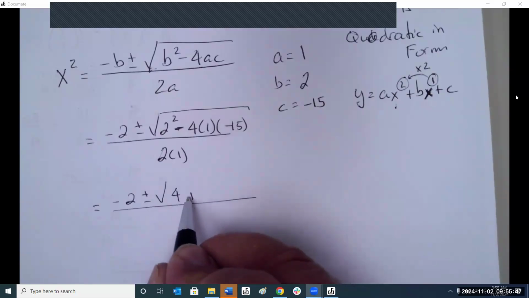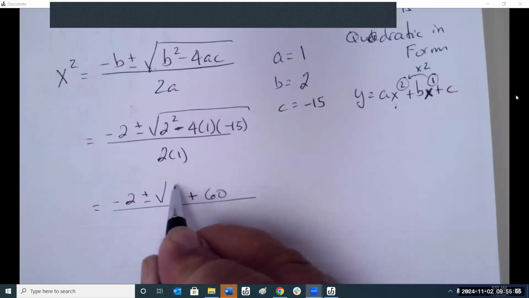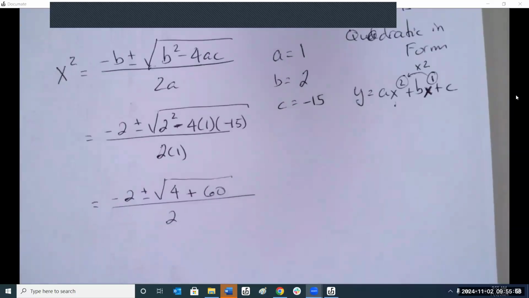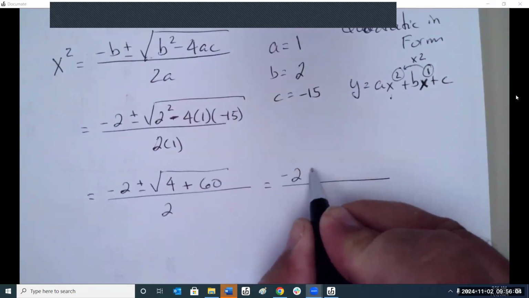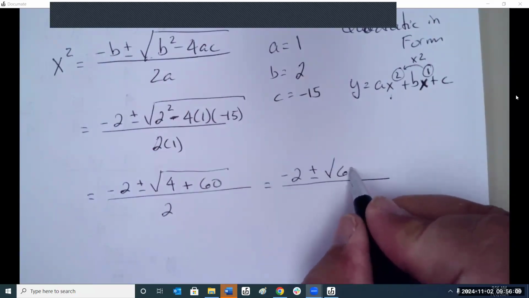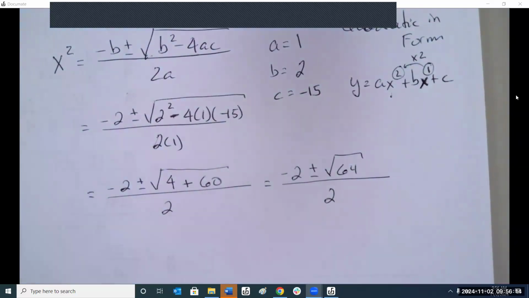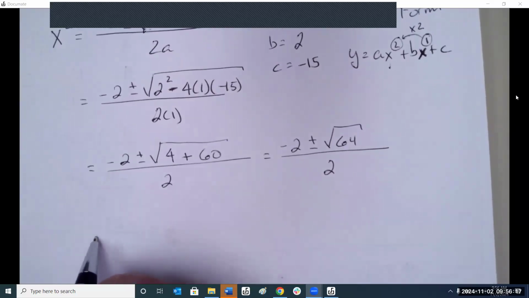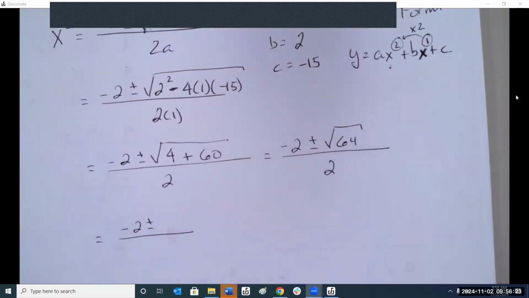Negative times negative makes it a positive. 4 times 15 is? Very good. 60. Negative 2 plus or minus the square root of 60 plus 4, which is 64. What's the square root of 64? Very good.